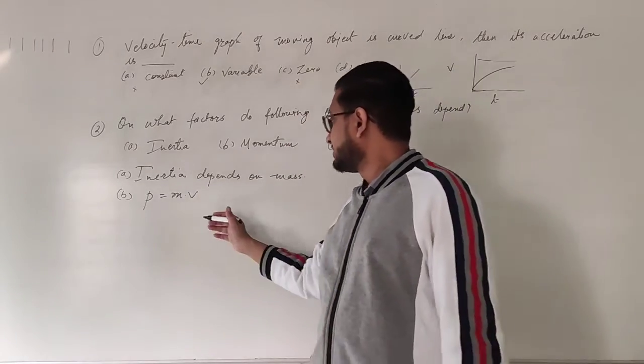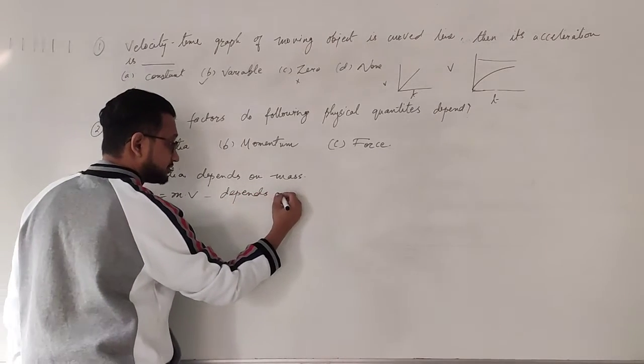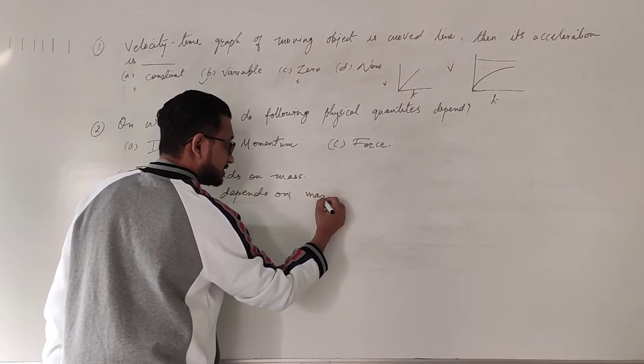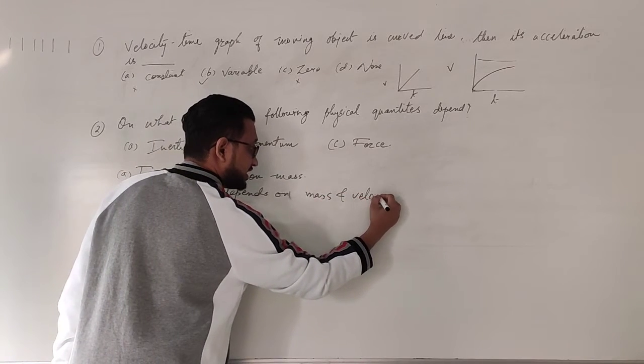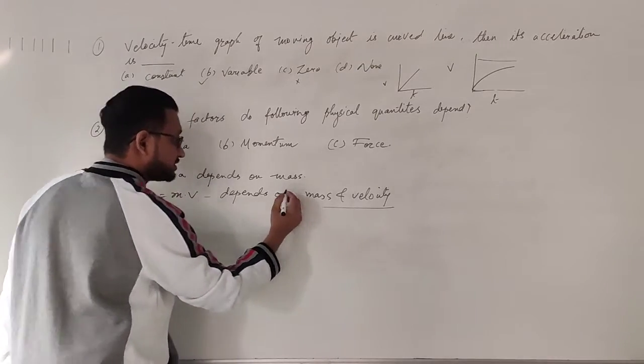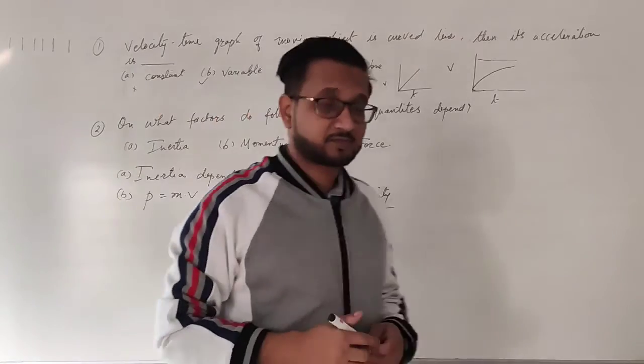So we can say that momentum depends on mass and velocity. If any of these changes, then momentum also changes. Okay, momentum depends on mass and velocity.